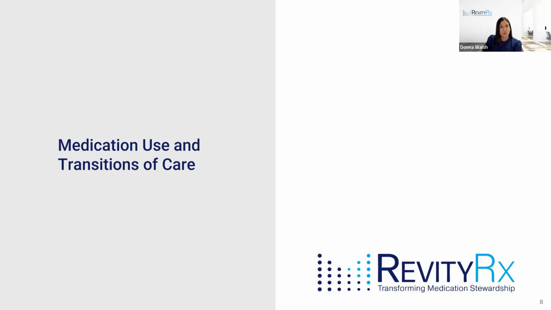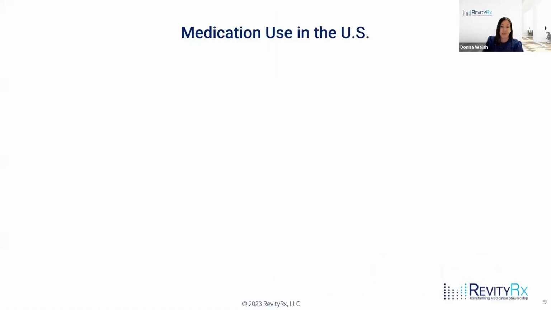While patients have to do a lot on their own, we need to ensure that our systems and processes follow to make sure they're able to be engaged and do that on their own, if not give them the right support services where needed. So that's really the impetus behind why medication use and transitions of care is an important topic to begin to hone in on as we see the care shifting to the ambulatory space.